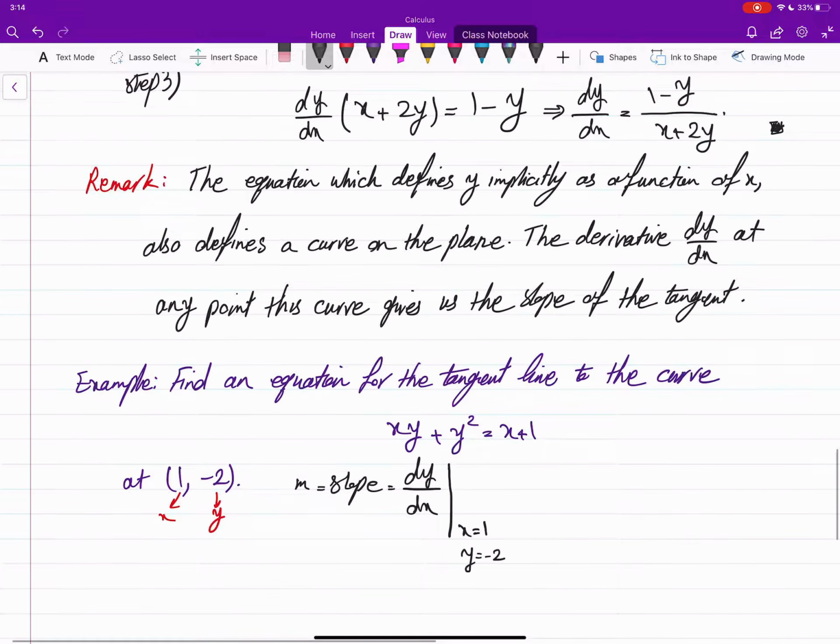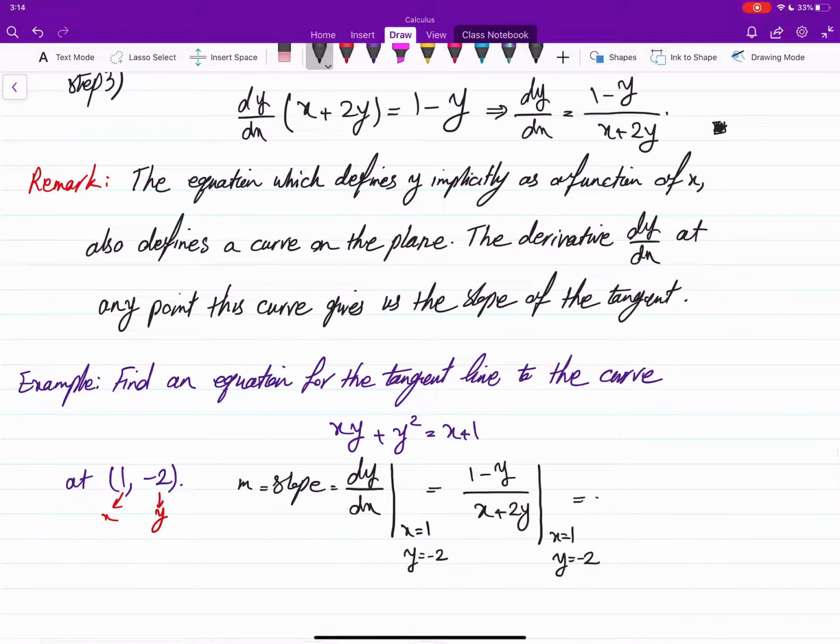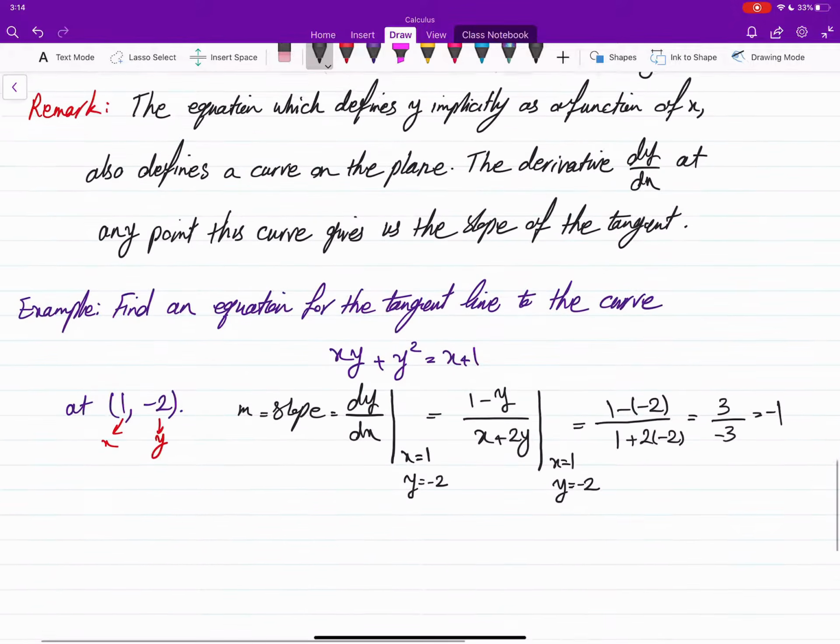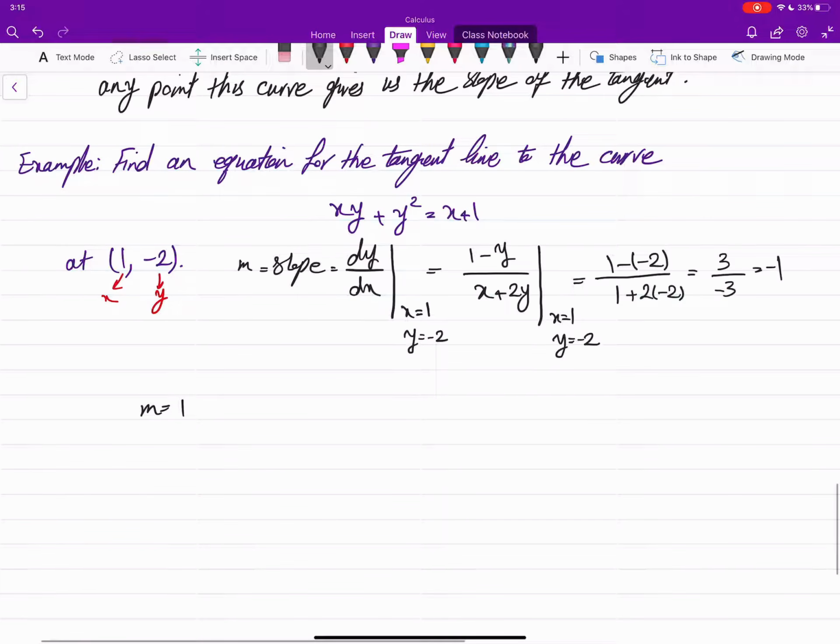Here, we already found dy dx, so it is 1 minus y over x plus 2y. At what point? When x is 1 and y is negative 2. So let's plug in these values. 1 minus negative 2, over 1 plus 2 times negative 2. That gives us the slope 3 over negative 3, which is negative 1. So we have the slope negative 1 and point (1, negative 2).